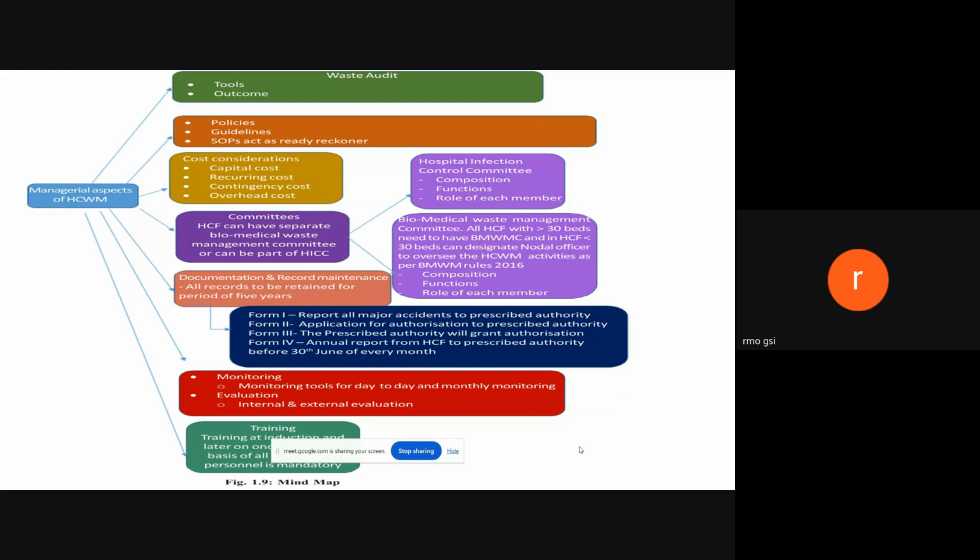We have to follow the rules and regulations given by the various acts, starting with the Environmental Protection Act 1985 and the other acts that come after that: the Biomedical Waste Management Act, the Solid Waste Management Act, and the Hazardous Waste Management Act.